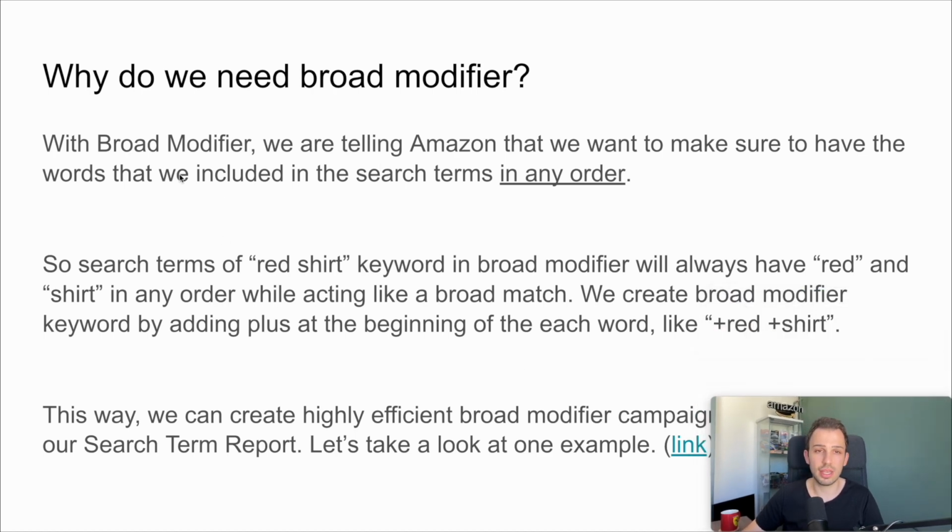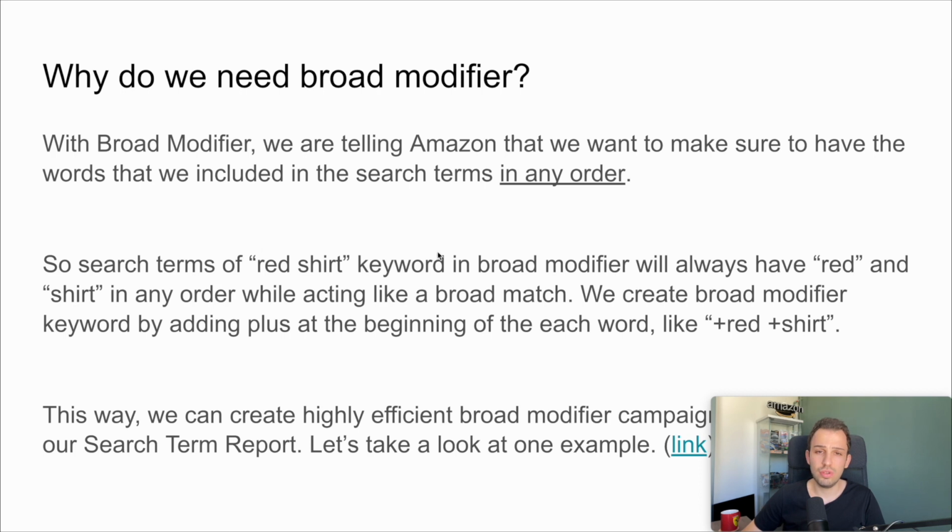So basically, again, we are telling Amazon that we want to make sure to have the words that include the search terms in any order. So we want to make sure that we have red and shirt, but we don't care what the order looks like, if there are different nouns or different names, whatever. We just want to make sure that we are seeing red shirt, the variations of red shirt.